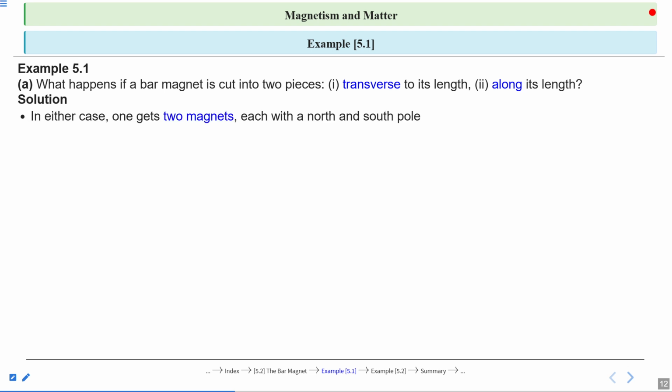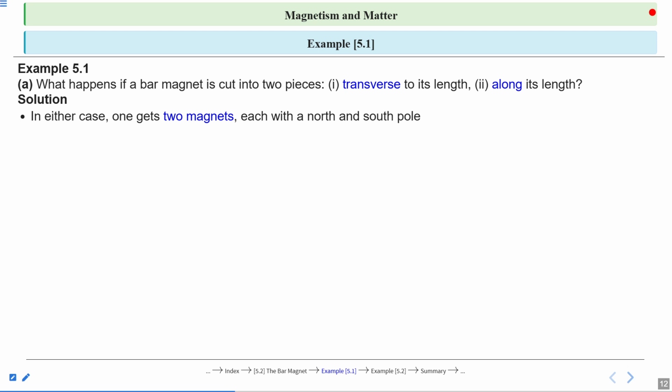In either case, one gets 2 magnets, each with a north and south pole. Got it? We have also discussed that monopoles do not exist. If we cut the magnet, it will result in 2 magnets having their own north and south pole, but the magnetic strength will decrease.